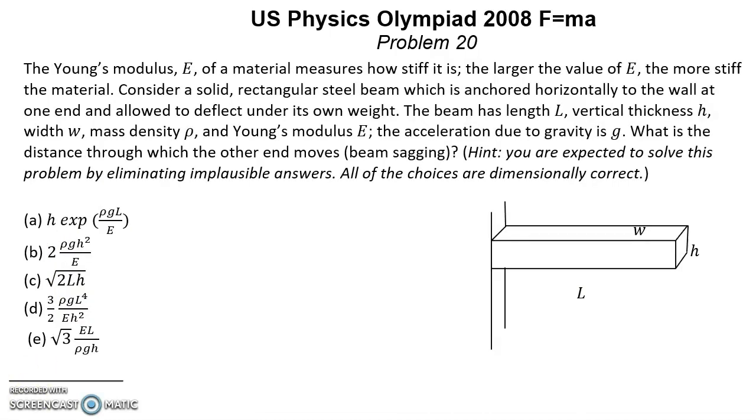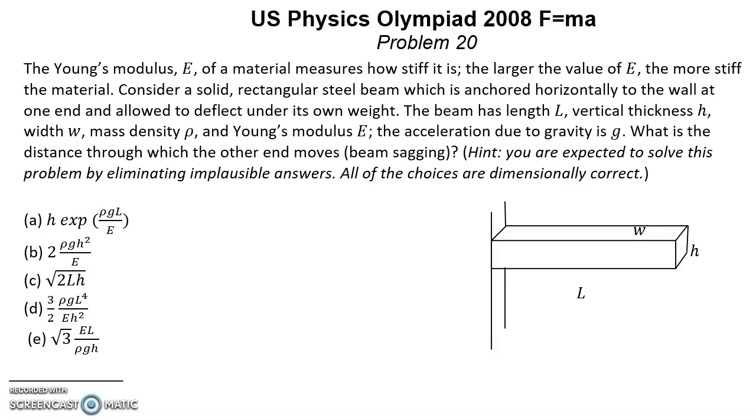Problem number 20. The Young's modulus E of a material measures how stiff it is. The larger the value of E, the more stiff the material. Consider a solid rectangular steel beam which is anchored horizontally to the wall at one end and allowed to deflect under its own weight.